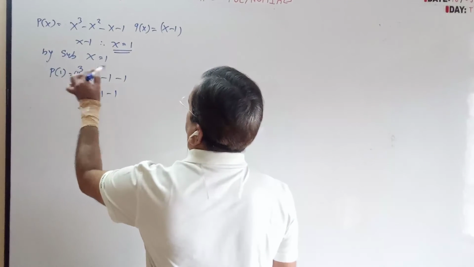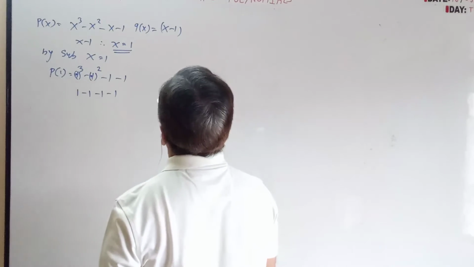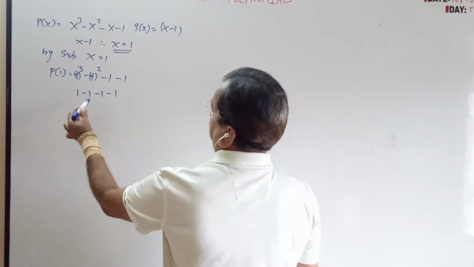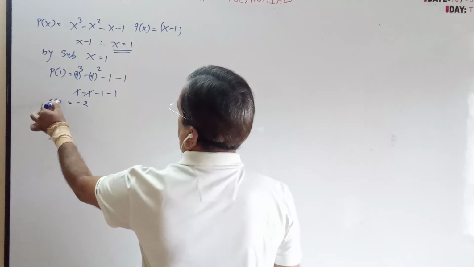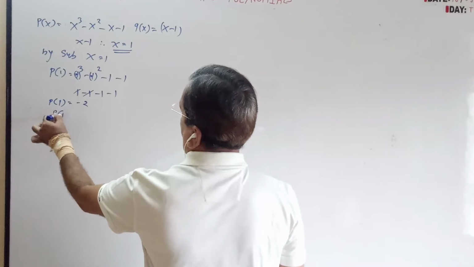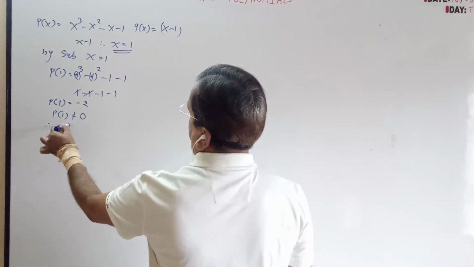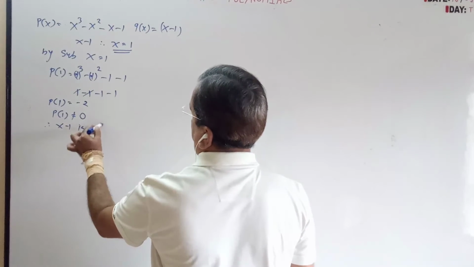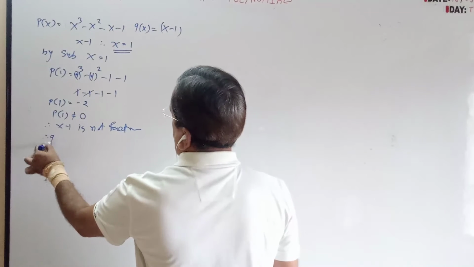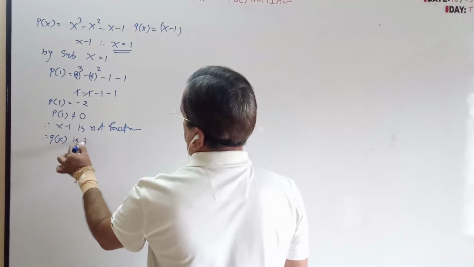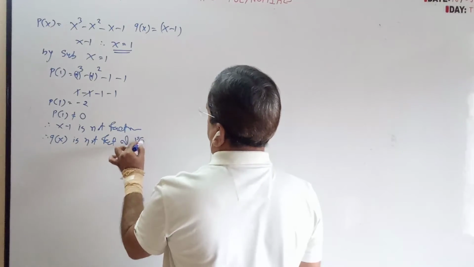Sorry, minus, not this place. So this will cancel, but it is minus 2. So P of 1 is not 0. Therefore, x minus 1 is not a factor. Therefore, Q of x is not a factor of P of x.